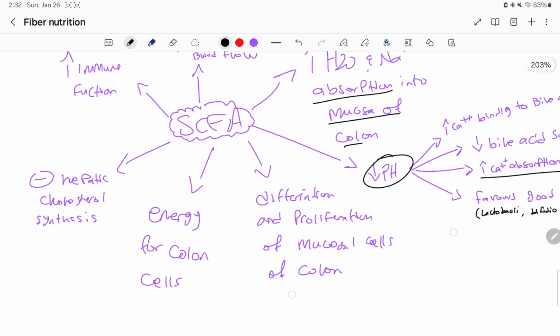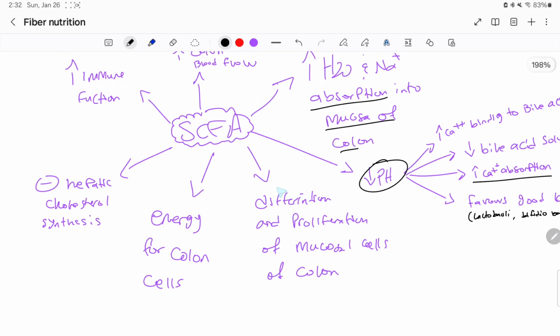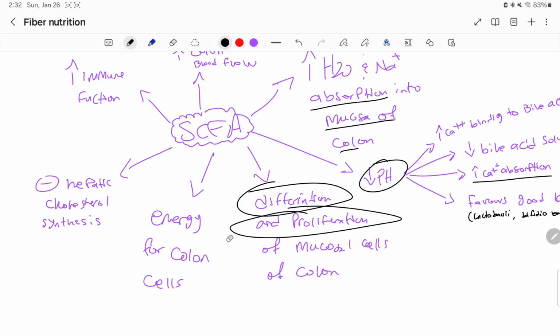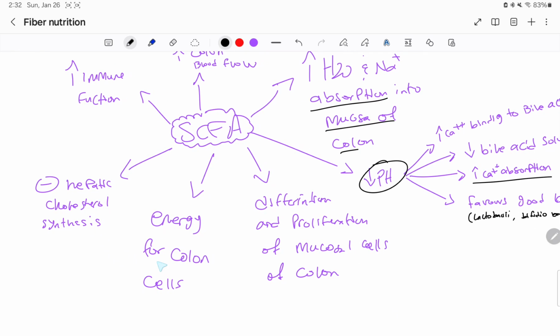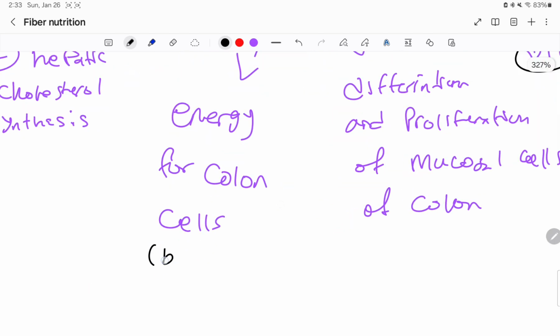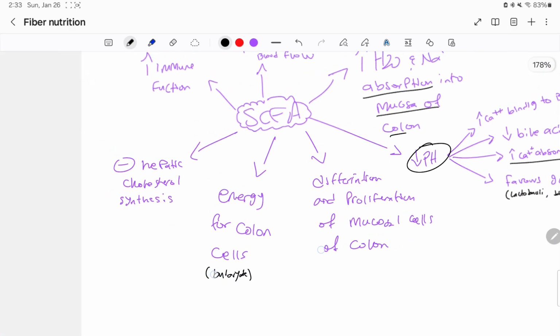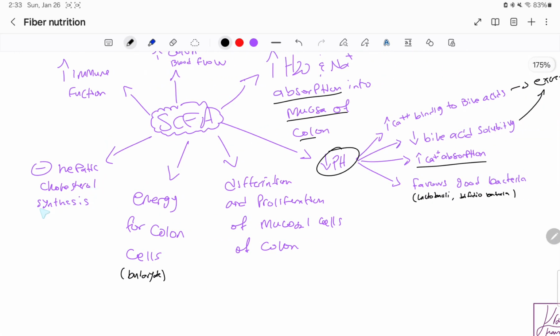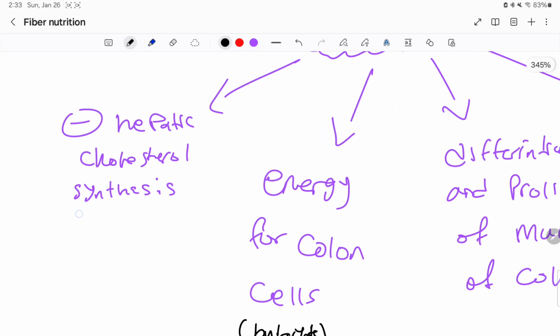Okay. Other things that short chain fatty acids do is they promote the differentiation and proliferation of the mucosal cells of the colon, which might have some roles in lowering cancer risk. Short chain fatty acids, they actually give energy for the colonic cells as well. Again, we talked about this with the role of butyrate. They also inhibit hepatic cholesterol synthesis. Again, a good example of this one is, for example, propionate.